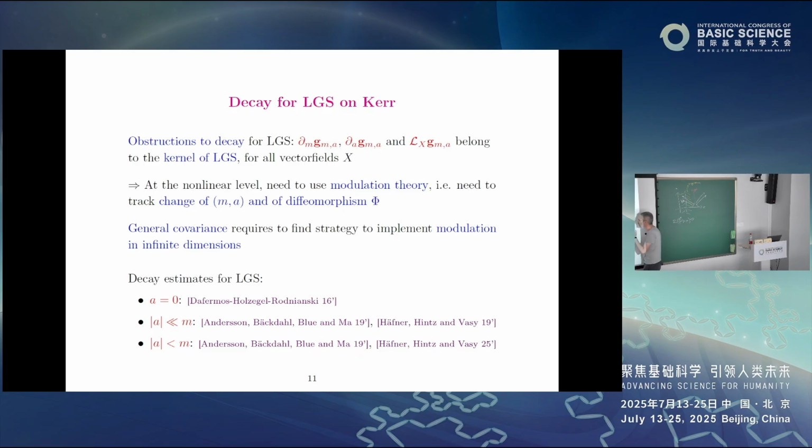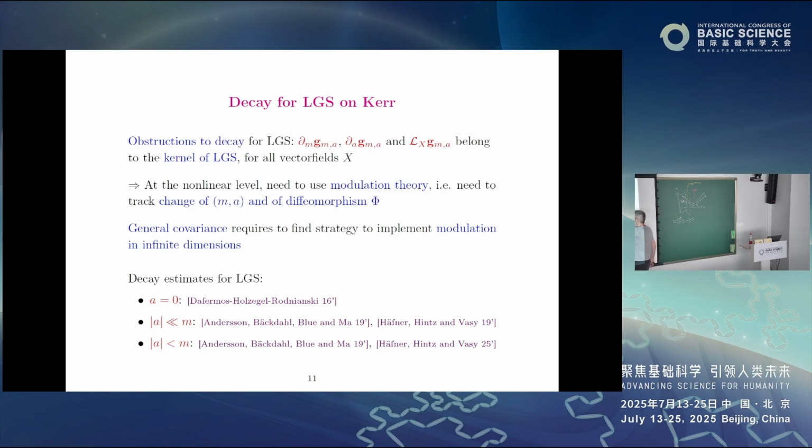The twist is that at the nonlinear level, this kernel is a manifestation of the fact that you will have changes in the parameters of your problem. So you expect the mass, the angular momentum, and the coordinate system to change during evolution. And this is what you have to track. In particular, these parameters will converge to the final state. So at the nonlinear level you need to track the change of parameters and coordinates, and in particular what the final parameters of your problem are.